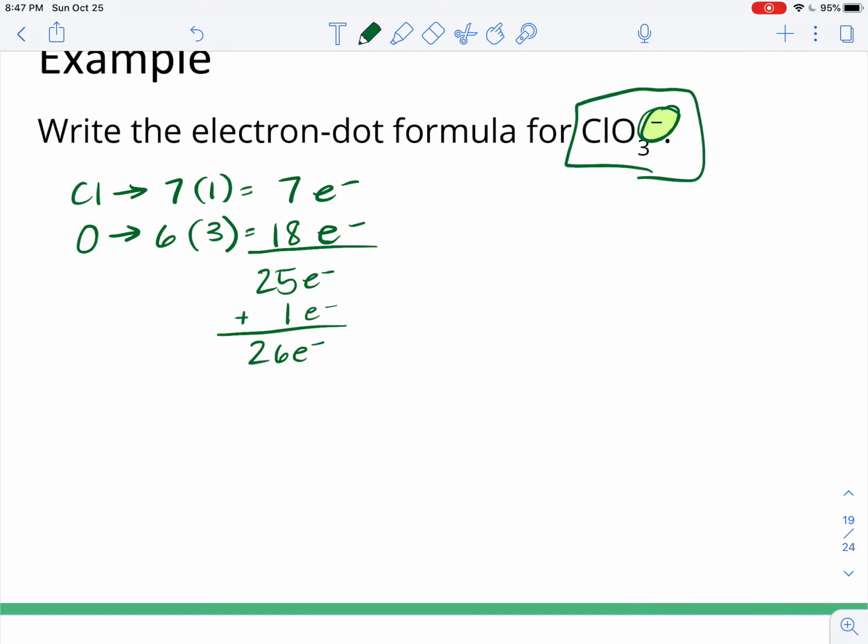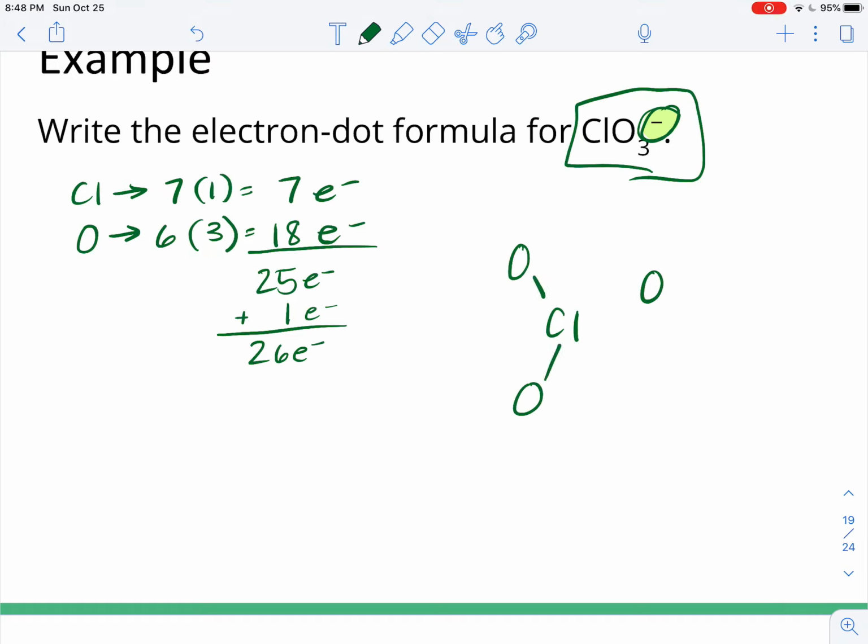If I take a look at what this looks like, I've got 3 oxygens, but 1 chlorine. Chlorine's going to be my central atom. Again, chemistry likes symmetry. So here's Cl. I'll draw my 3 oxygens kind of hanging around, and then we'll start counting to 26. Remember, each bond that I draw is 2 electrons.